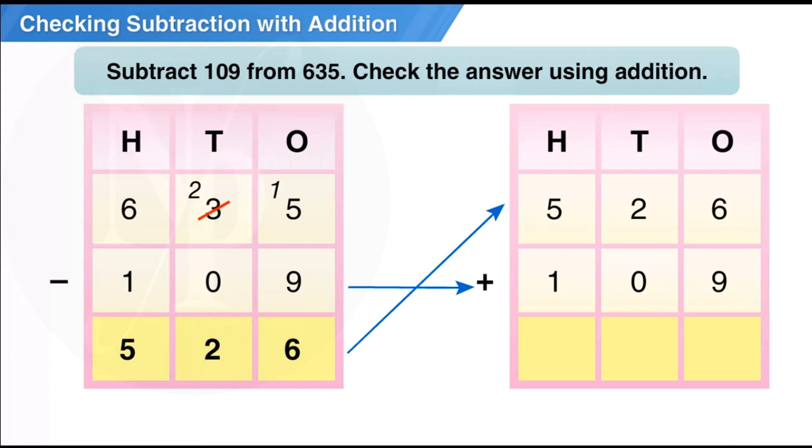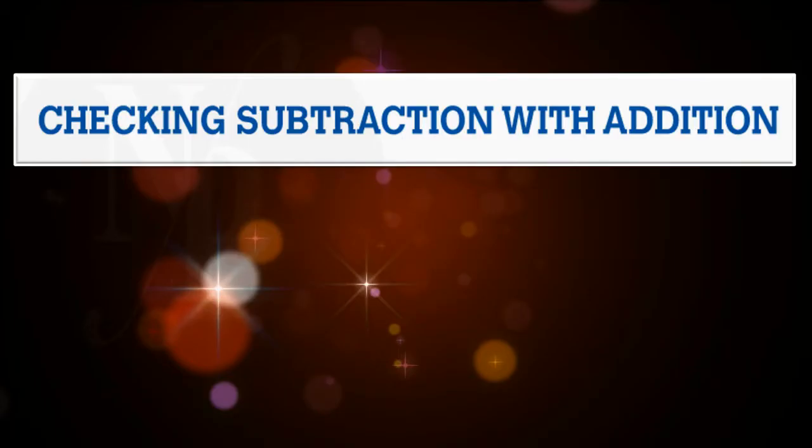Let us check this. Adding 526 and 109, we get 635 as the answer. So, the subtraction is correct.